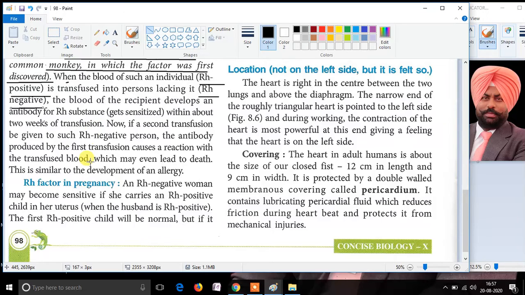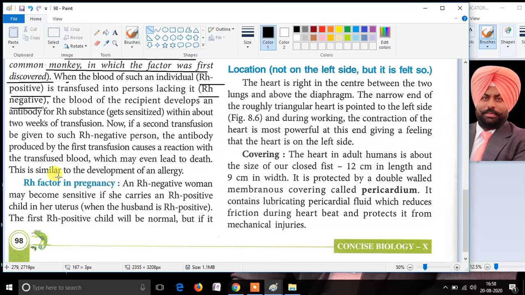This has to be understood and remembered: a person having any particular blood group, if the Rh factor is present in that person, can donate his blood only to a person having a specific blood group with Rh positive factor.